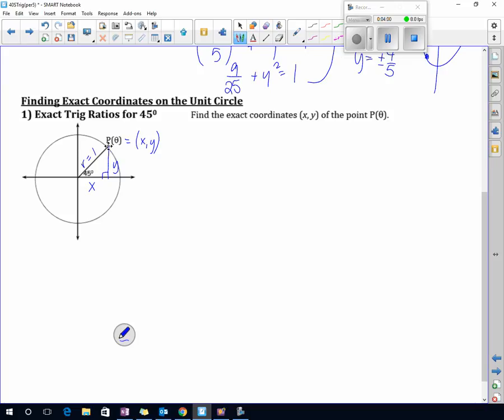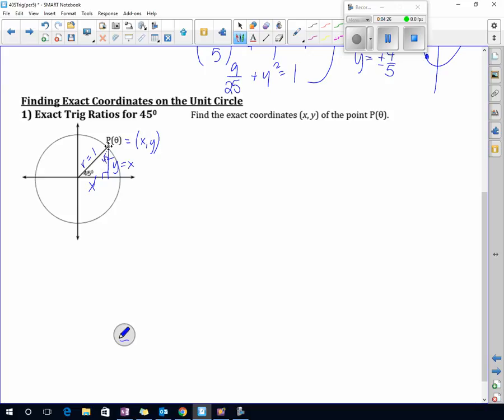And what kind of triangle is a 45, 45, 90? An isosceles, which means this is the same length as that. So if this is x, y is also x. So I can now use Pythagorean Theorem to solve what x is. x squared plus x squared equals 1 squared. Does everybody know where I'm getting this from?